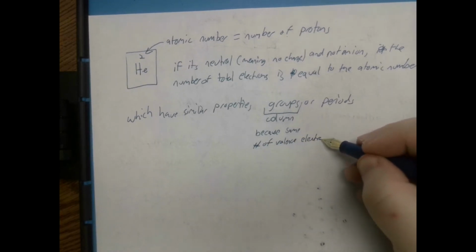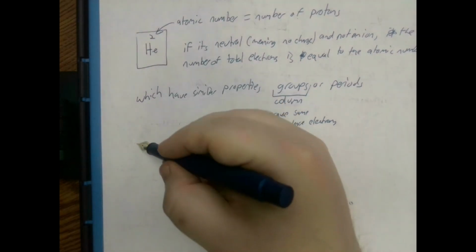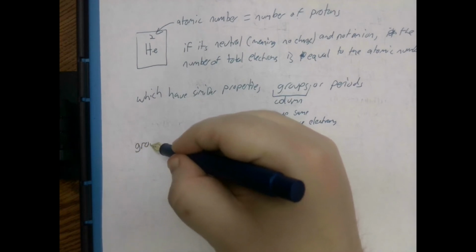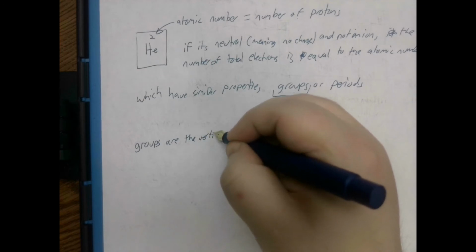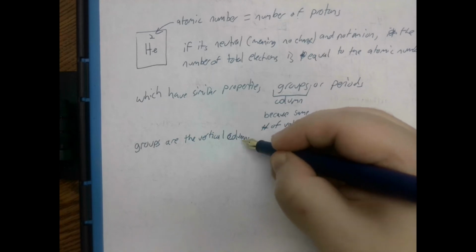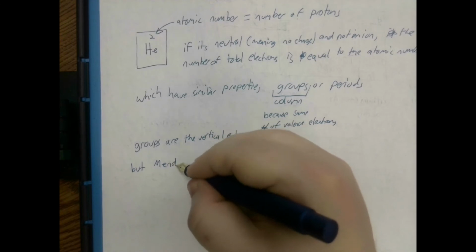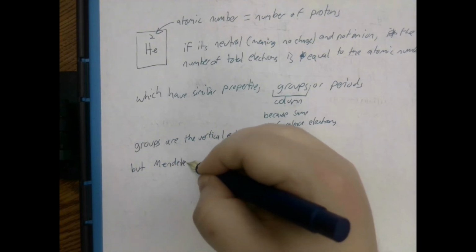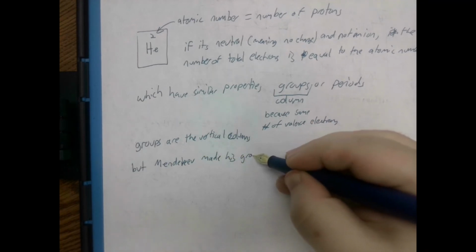It's only the valence electrons that give the properties. So groups are the columns. But Mendeleev did what with his groups? Mendeleev made his groups rows.